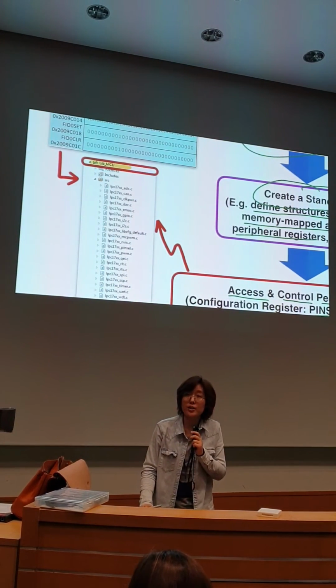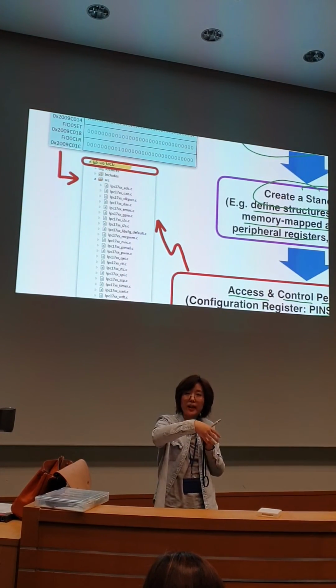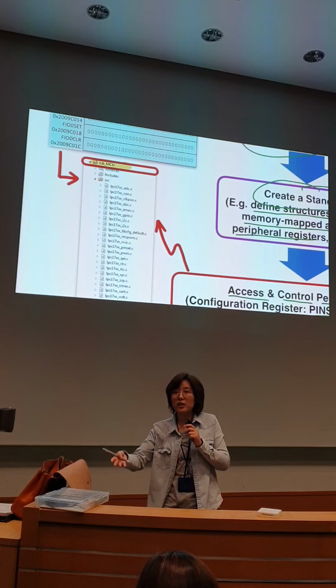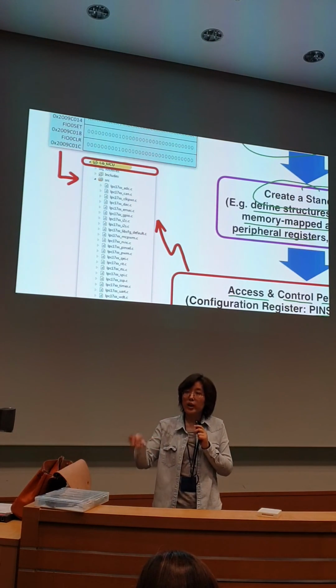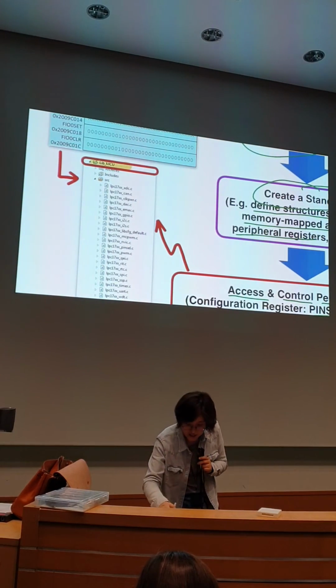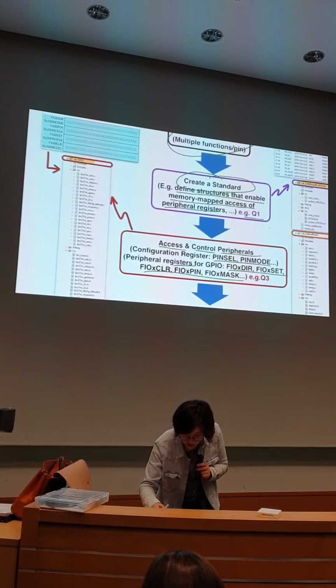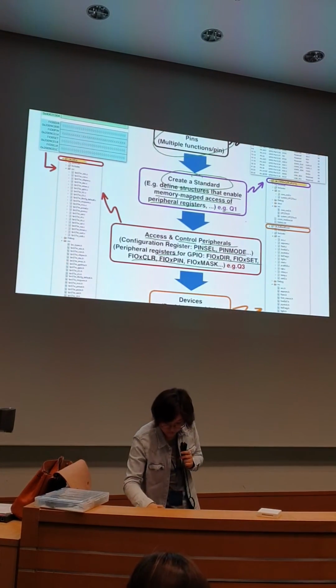Remember question 3? We can use the structures predefined in the library. We can use a function which does the pin select for us and call that function directly. That is one level higher, achieved by this MCU library.